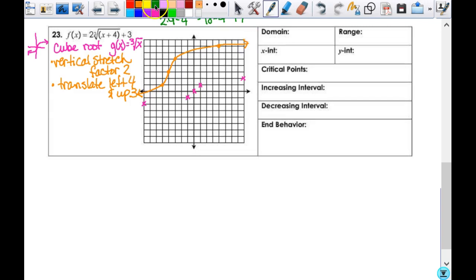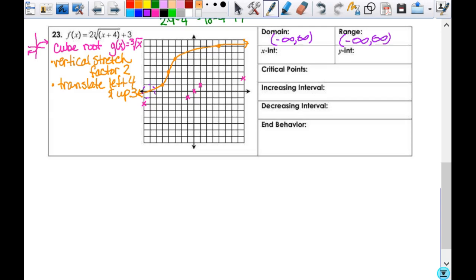So now I'm going to look at my domain and range. My domain is -infinity to infinity, my range is -infinity to infinity. My x-intercepts, well, I have one somewhere, maybe right around here, or maybe my curve isn't perfect, but I can't guess either way. So I need to find my x-intercept.